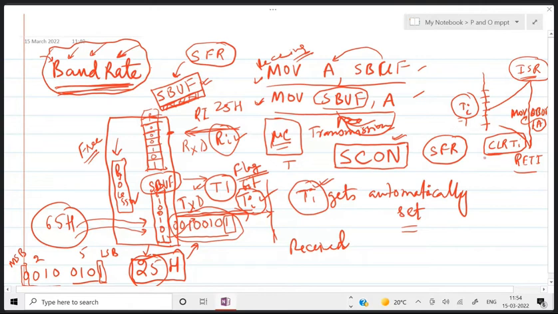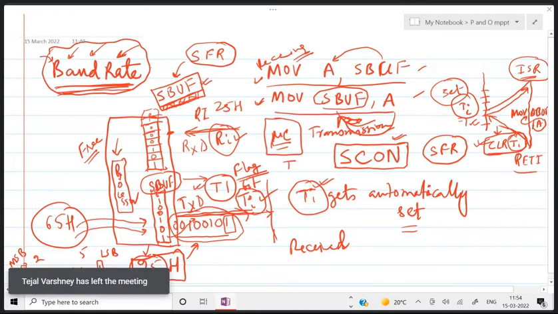So you have to write an instruction in the ISR wherein you clear this TI. If you do not, TI will remain set, and when it moves back to the main program, again it will move to ISR because TI was set. Did you get the point? So this is important, that TI needs to be cleared in the ISR itself.